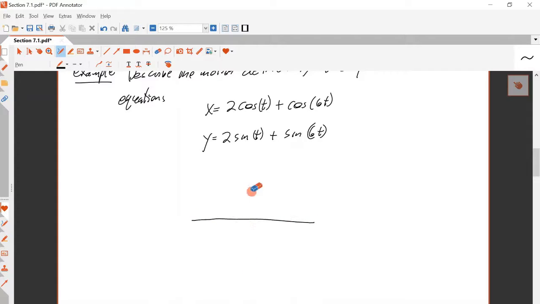Starting with the circle of radius 2, here's a circle of radius 2. And we'll just say t is greater than or equal to 0.